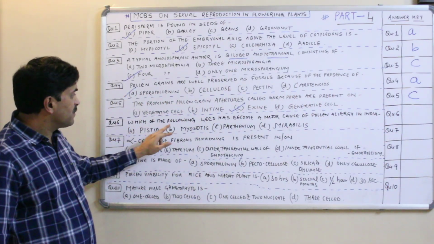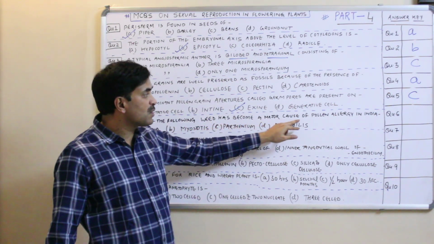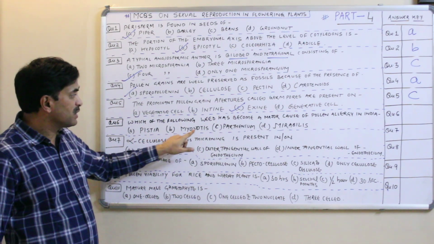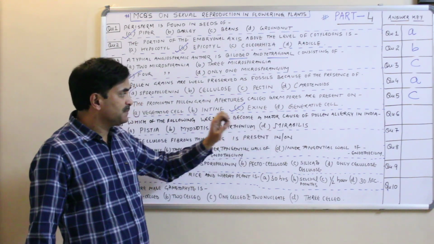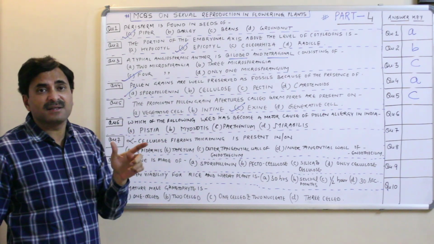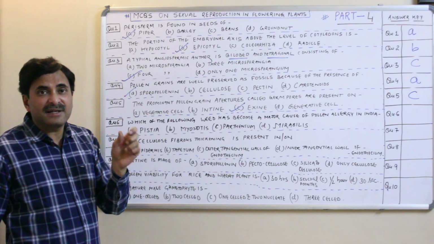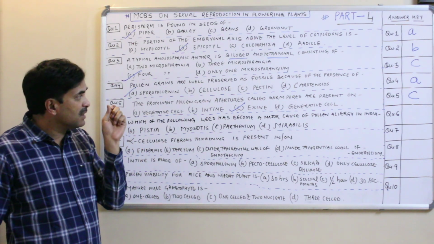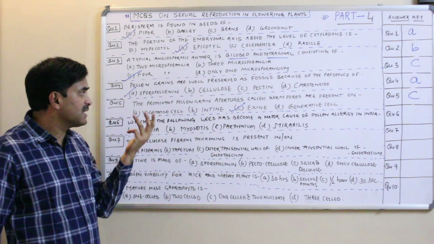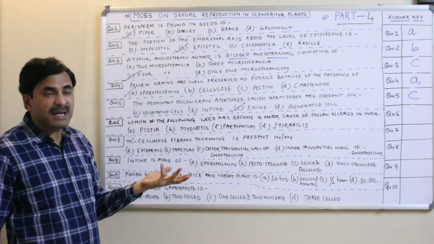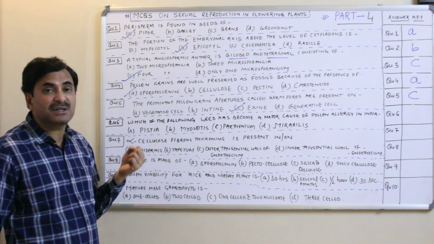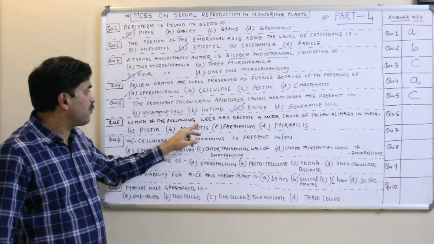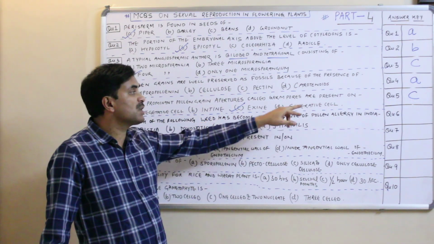Question number 6. Which of the following weed has become a major cause of pollen allergy in India? Pistia, Myosotis, Parthenium or Mirabilis? You have seen that wherever the land is barren, certain herbs, or we can say weeds, grow in those barren areas, and that weed is called Parthenium.